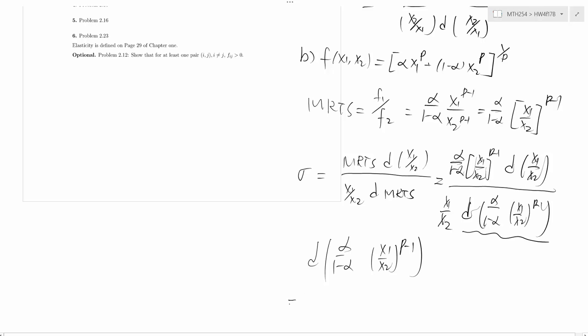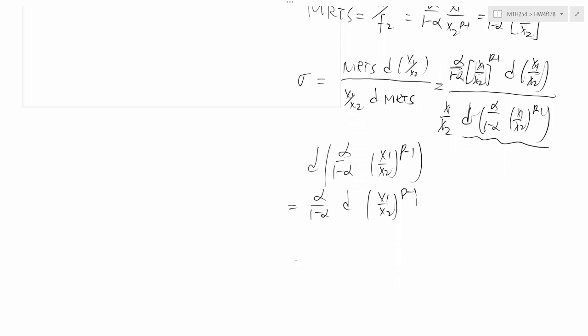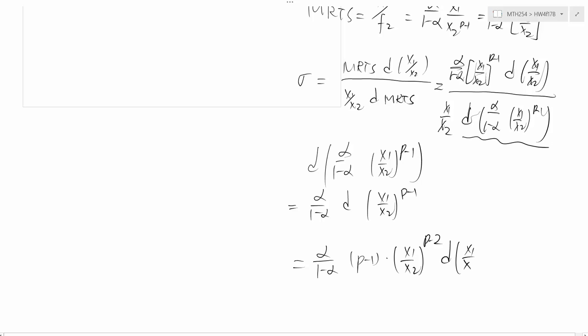Again, this alpha over 1 minus alpha is a constant out, and then we have d of x1 over x2 to the p minus 1. All right, now the chain rule. So this is going to be alpha over 1 minus alpha. And then here we have p minus 1. And then we should have x1 over x2 to the p minus 2. And then d of x1 over x2.